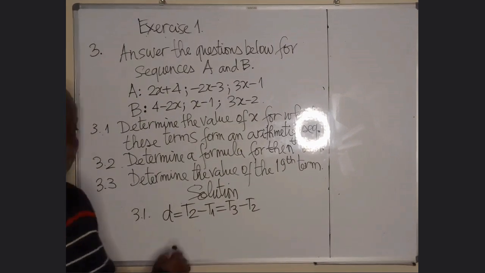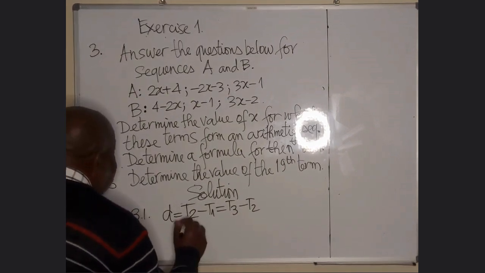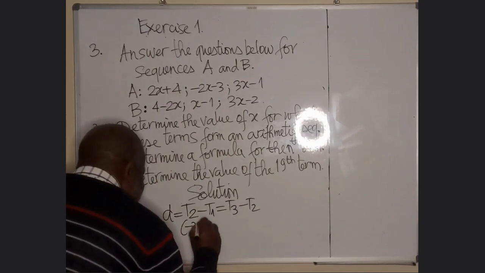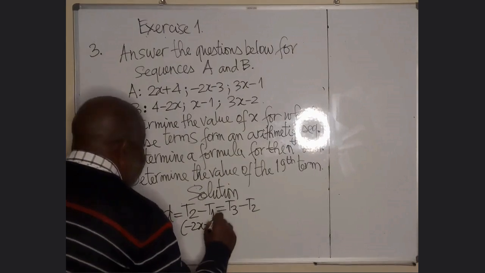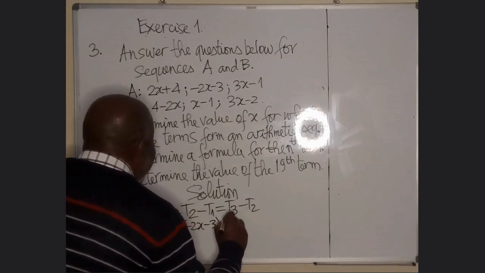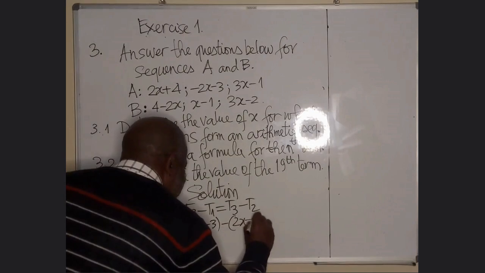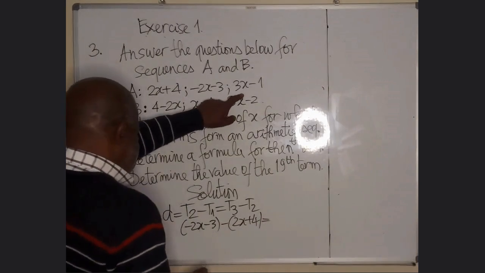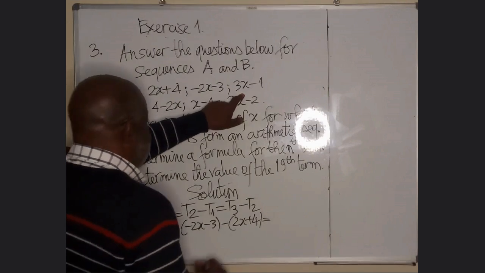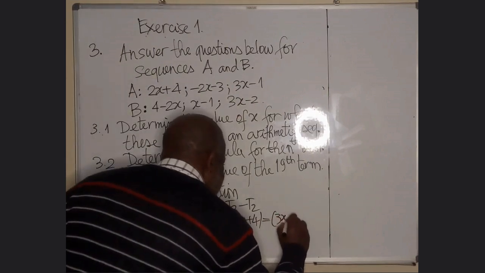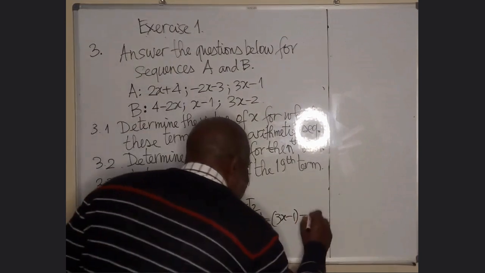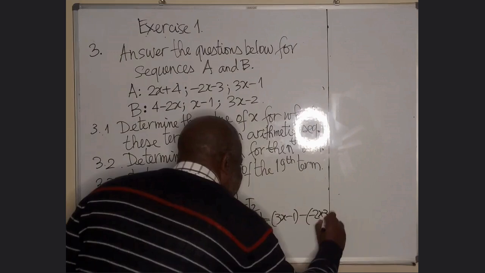So negative 2x minus 3 minus 2x plus 4 will be equal to 3x minus 1 minus T2, minus 2x minus 3.